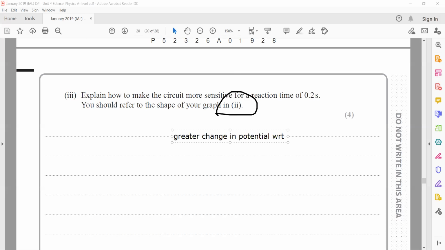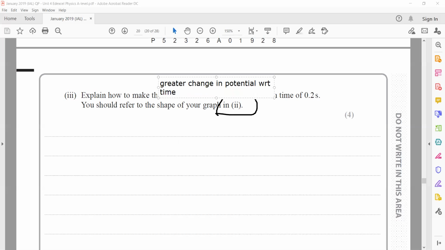With respect to time, what we need is the time constant. The time constant is the time taken for the capacitor to discharge by 37%. The reaction time and the time constant should be approximately the same.